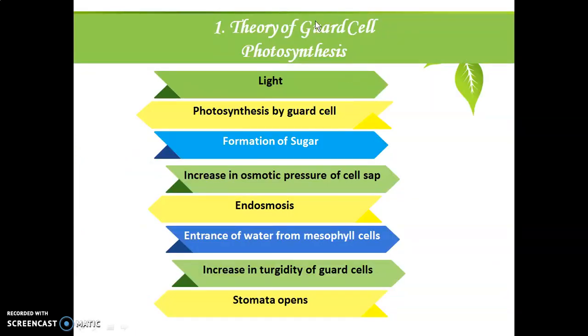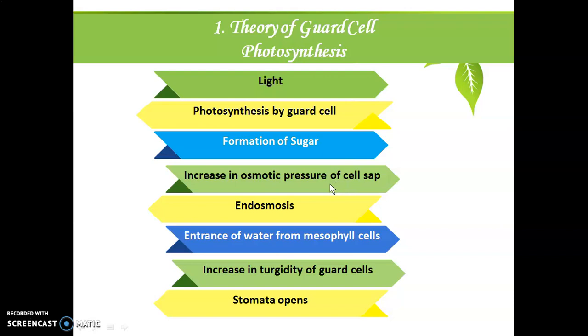The theory of guard cell photosynthesis means that in this theory the main focus is on the photosynthesis that takes place inside the guard cells due to the presence of light, meaning during day conditions. Photosynthesis occurs in the guard cell as chloroplasts are present in the guard cells, which results in the formation of sugar, and due to formation of sugars, the osmotic pressure of the guard cells increases.